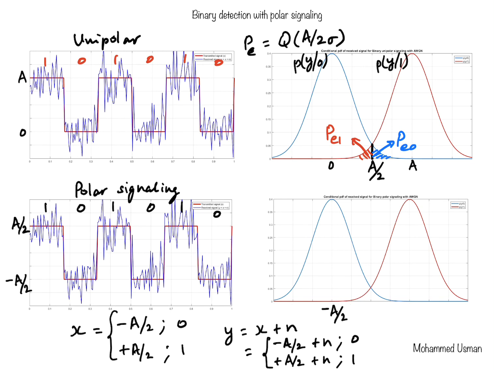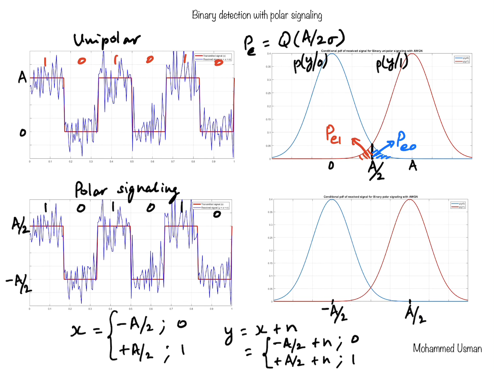Similarly, when bit 1 is transmitted, the received signal is the noise signal shifted to the right by plus A by 2. So the conditional PDF of the received signal y when 1 is transmitted is the noise PDF shifted to the right by A by 2, centered here on plus A by 2.